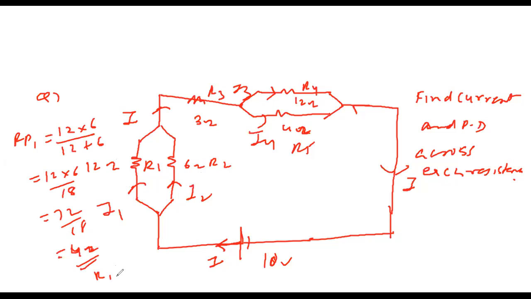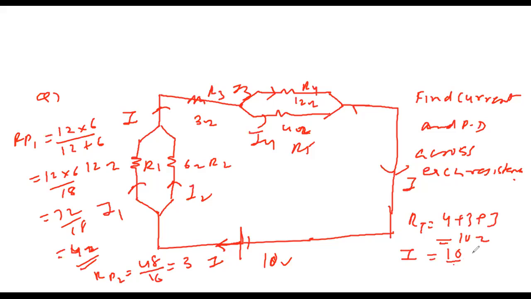Same way, parallel of the second part is 12 fours are 48 plus 16, that is 3. Now total resistance is 4 plus 3 plus 3, which will be 10 ohm. So total current we are getting is 1.